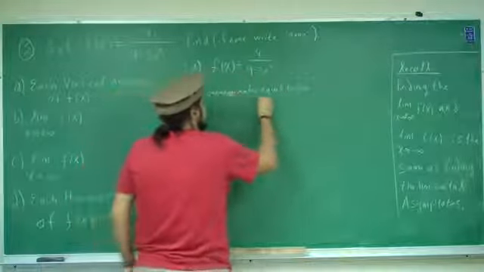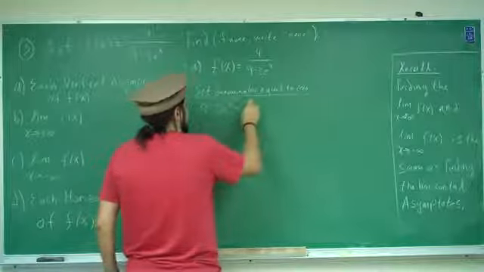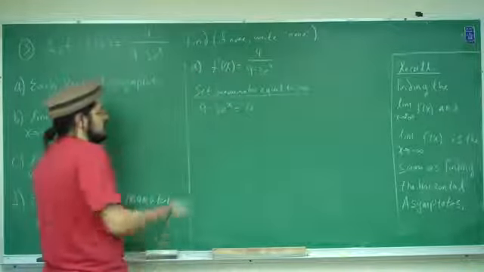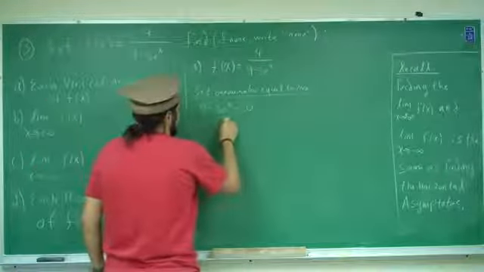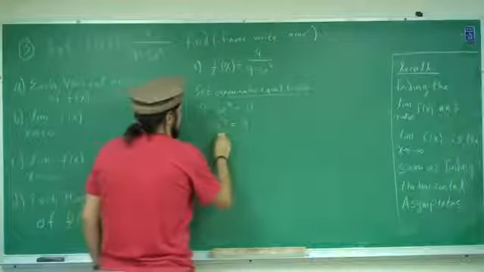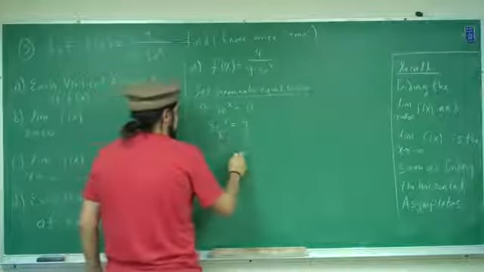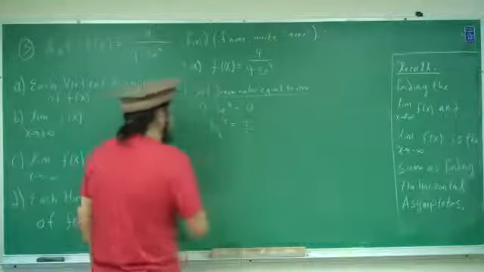So 9 minus 3e to the x equals 0. Move the 3e to the x to the other side, then divide both sides by 3. We get e to the x is equal to 3.